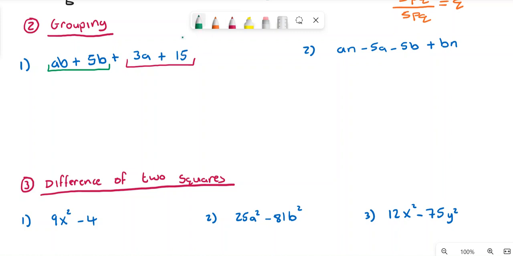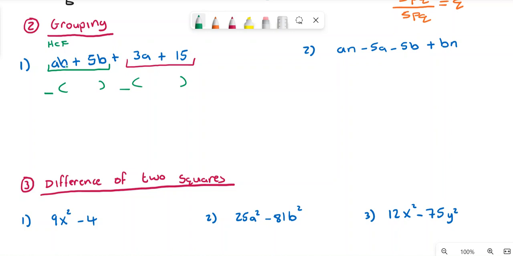So again, the same thing we do as we've done with the other one. So we want to open up our brackets, like so, and then we're going to have our brackets open here as well. And outside here, we're going to put the highest common factor for each of the groups. So we look at this one here and we see what's the highest common factor. So the highest common factor is going to be what would divide into both.